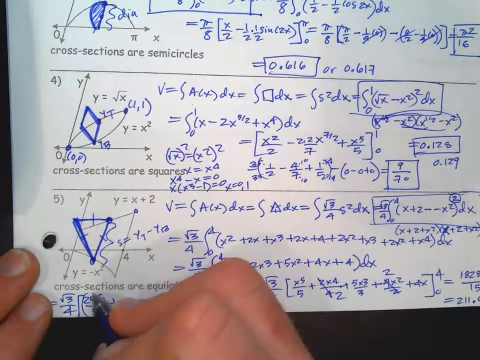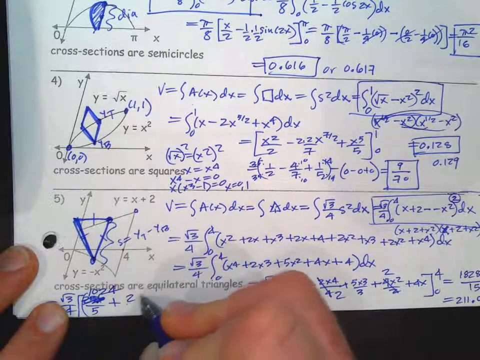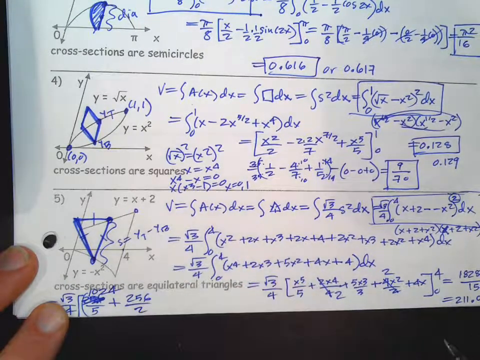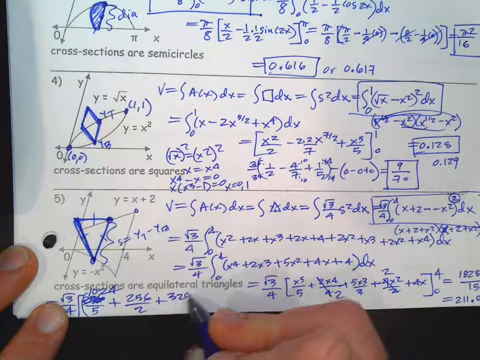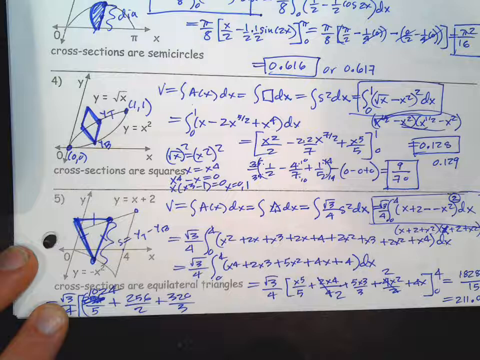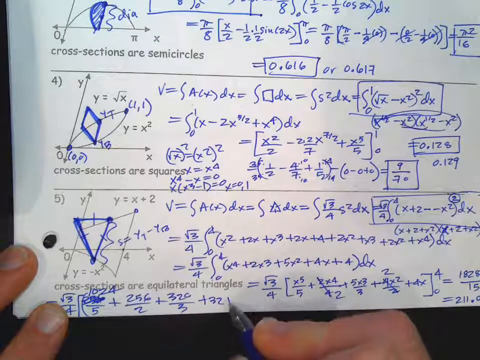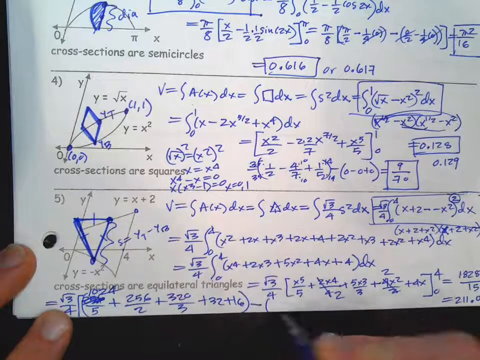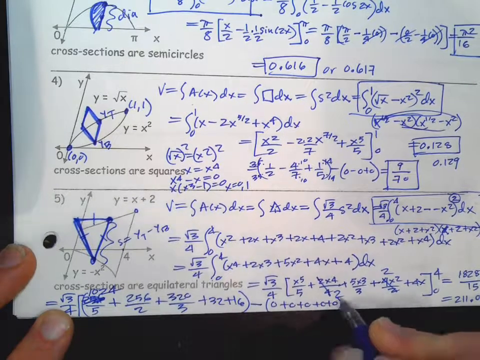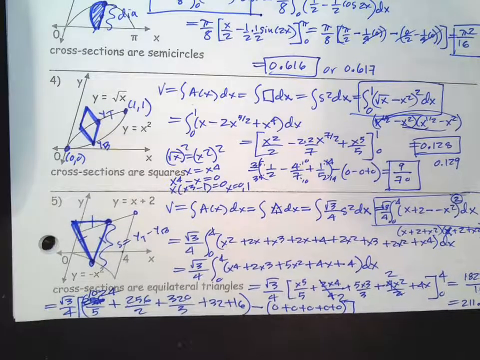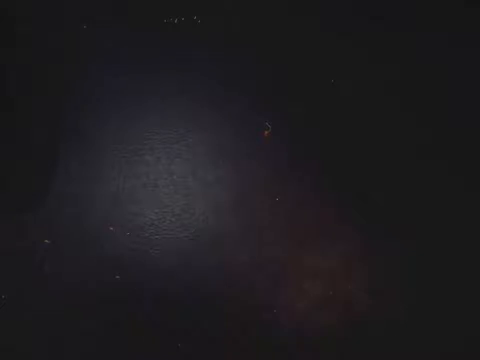It's 1024, then plus 256 over 2, and then plus 64, 320 over 3, and then 1632, and then 16, and then you plug 0 in, and it's going to be 0 plus 0 plus 0 plus 0 plus 0. And then you've got to work on cleaning this up. So anyways, all right.